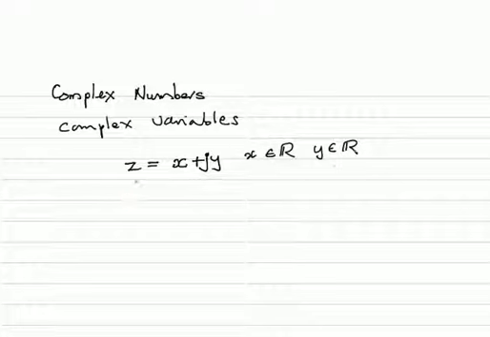In this case, we consider that z is a complex number, and we denote complex numbers by a capital letter C written in this way.